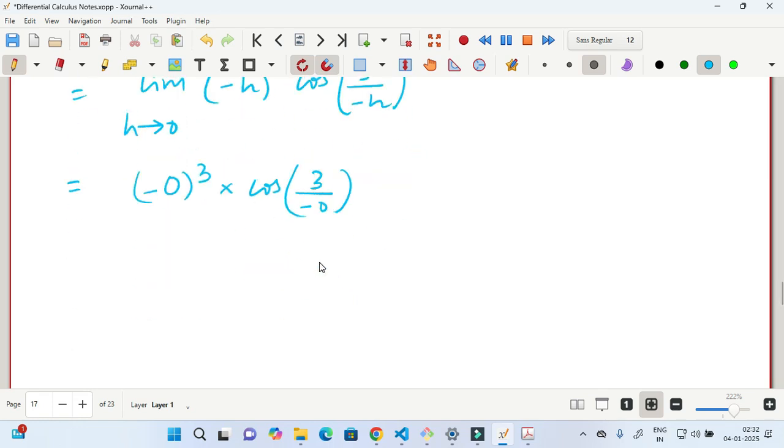What I have told in the conclusion just before: minus 0 cube is clearly 0, into cos of anything. 3 by minus 0 is minus infinity, so it is 0 into cos of minus infinity. You should not misinterpret cos of minus infinity as infinity. No. Cos of minus infinity lies between minus 1 and 1, so it is a meaningful value.